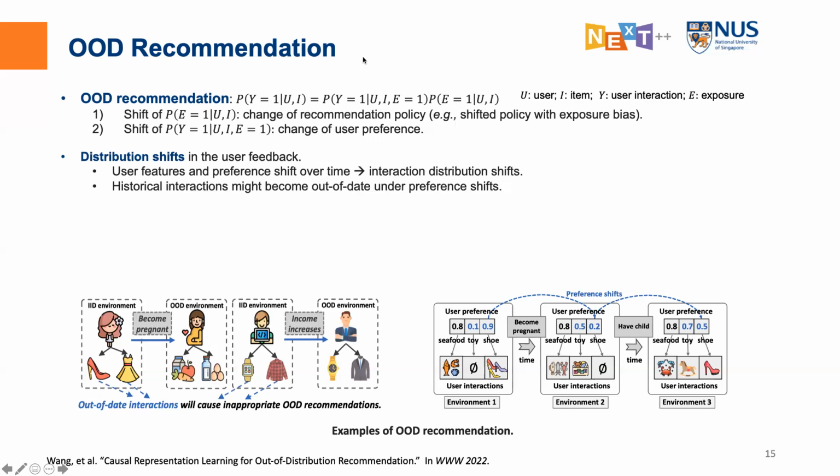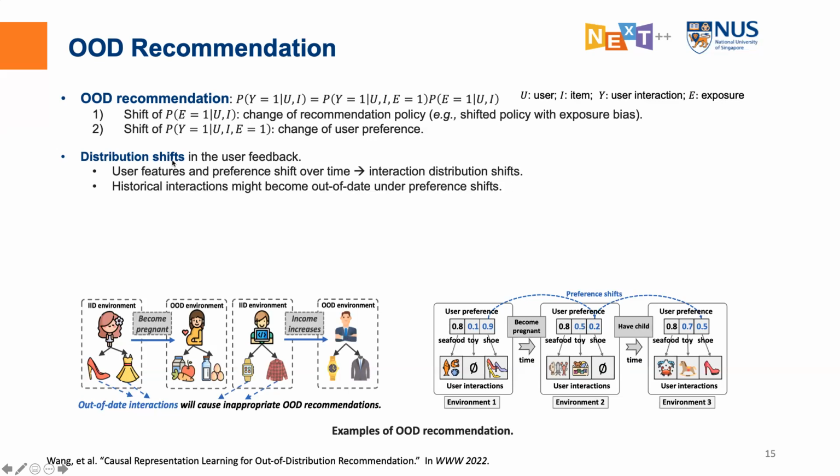This is the first factor affecting the interaction distribution. Another one is the user preference. Maybe in the first week, I like some high price items, and in the second week, I like some low price items. So if user preference shifts, the interaction will also have a different distribution. These are the two kinds of shifts.